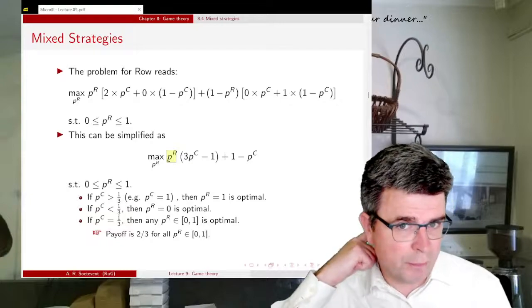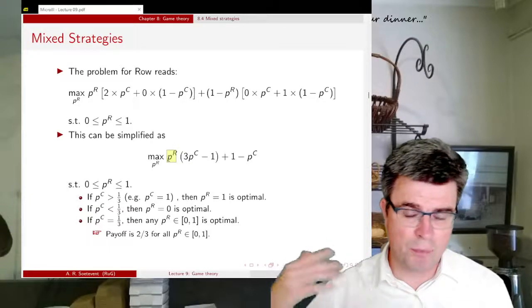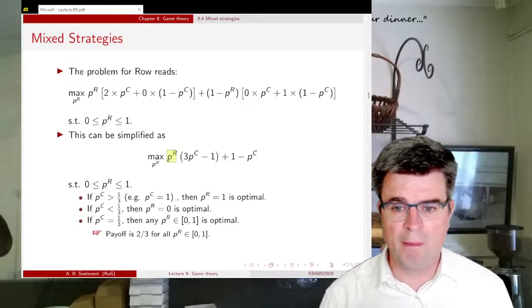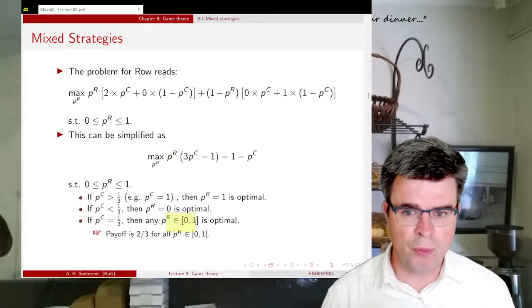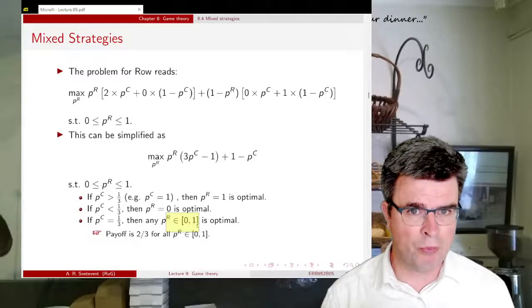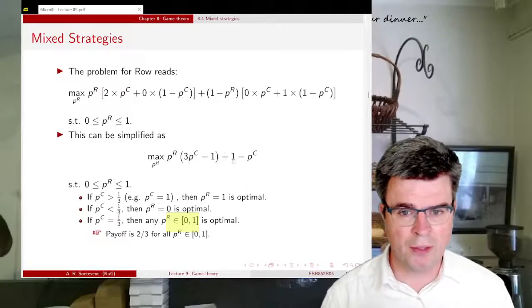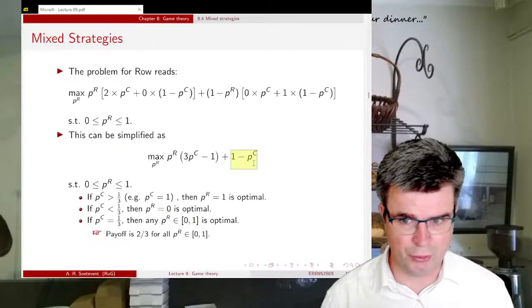So given that the column player mixes and chooses Italy with probability 1/3, any value of PR is optimal for the row player, because all of these values will give him a utility of 2/3.